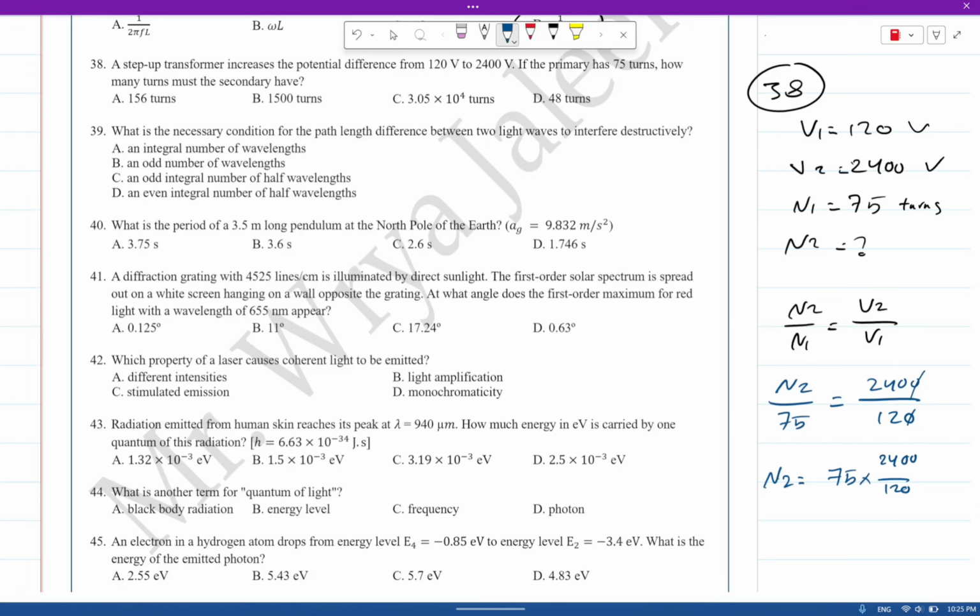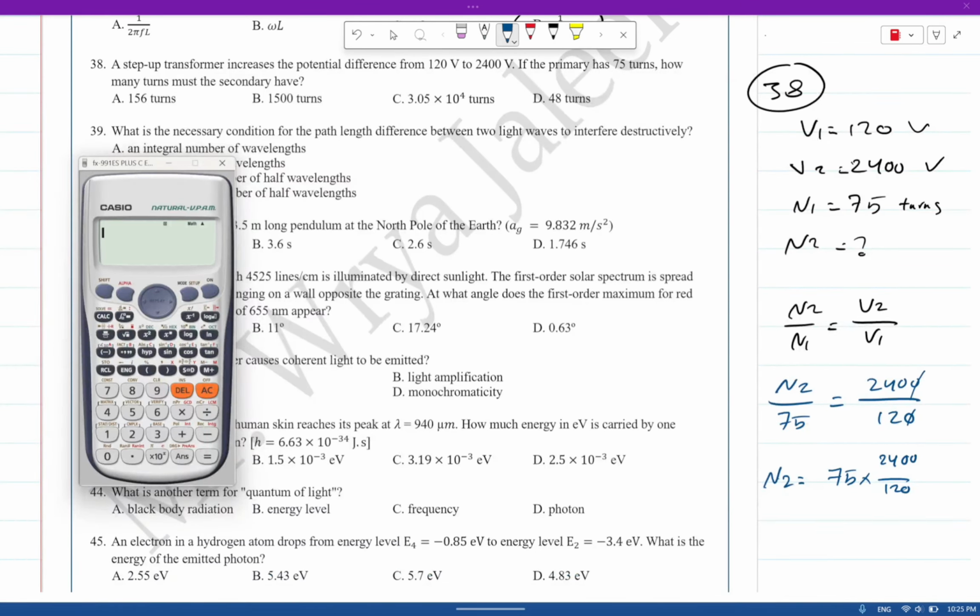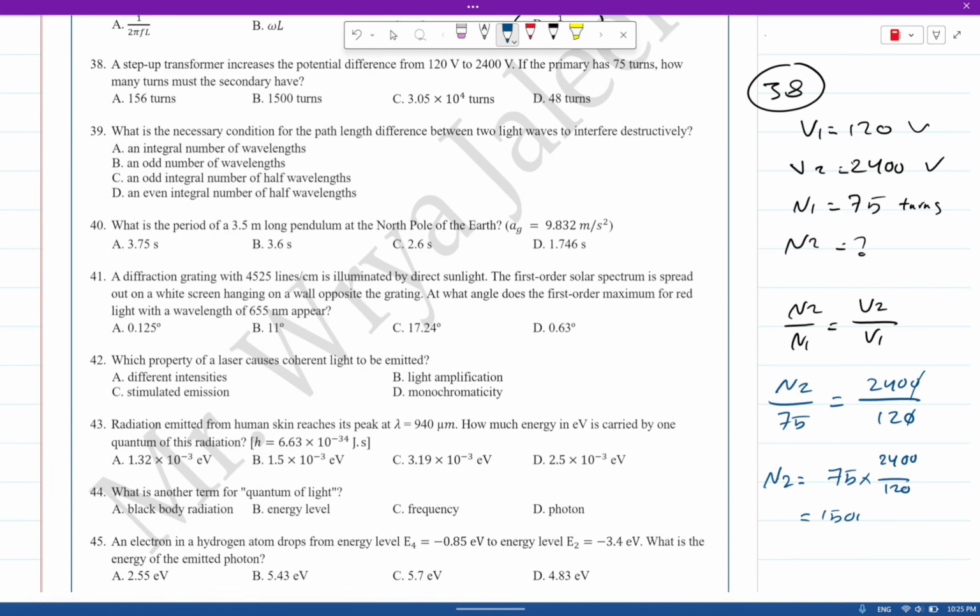You do the math and you'll find the answer. Let's find it out. Let's do the fraction first. 2400 divided by 120 is equal to 20, times 75. That is 1,500 turns, of course.